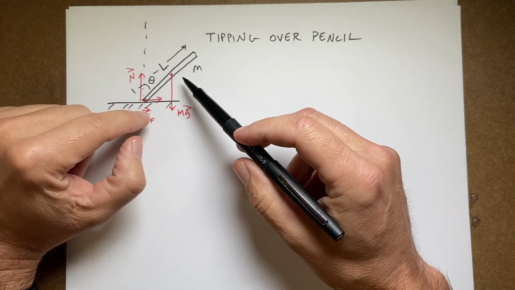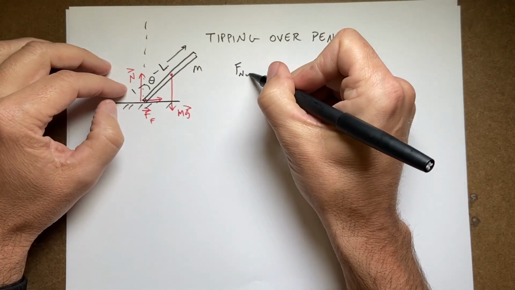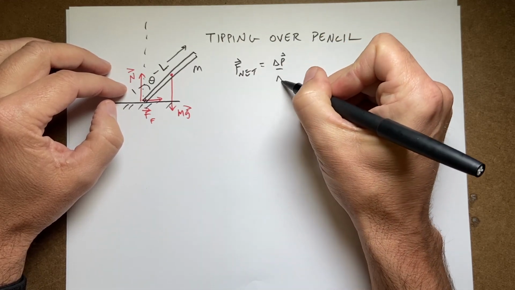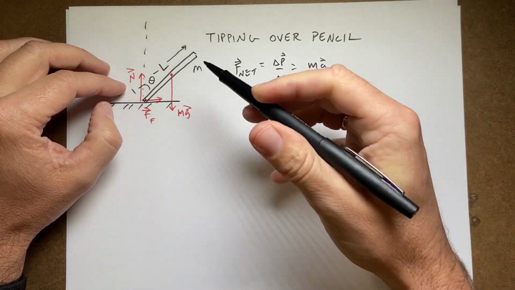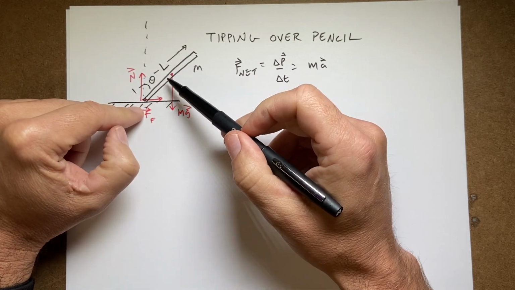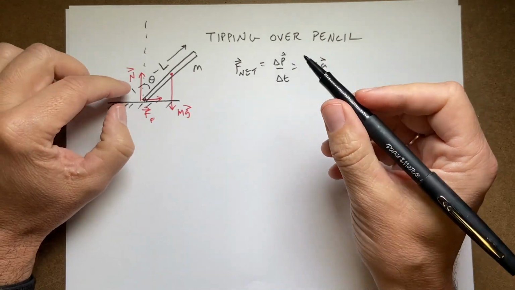So I could write down the momentum principle. I could say F net equals the change in momentum over the change in time, or mass times acceleration, which is true. The mass times acceleration for the center mass does indeed accelerate down and to the right. But that doesn't really matter too much.